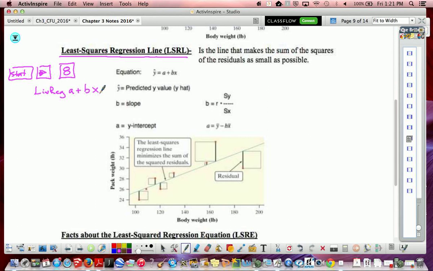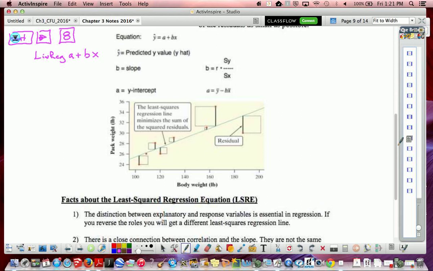It's technically called the least squares regression line. You'll see this abbreviation, LSRL, in your textbook. Sometimes they'll replace the L with an E down here, where the only difference is line versus equation.